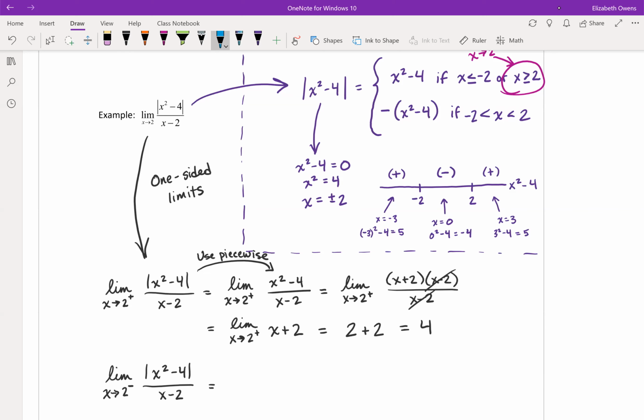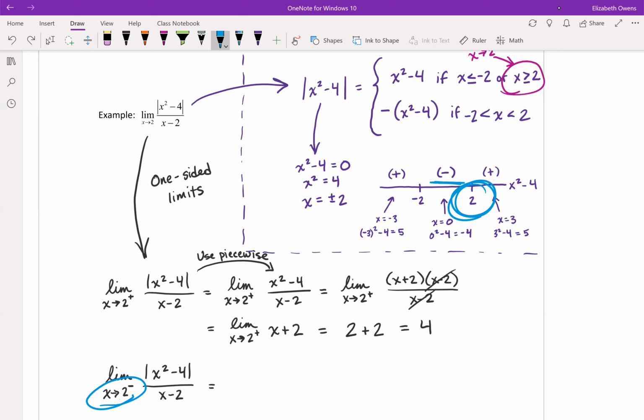So approaching 2 from the left, here's 2, here's numbers to the left of 2. Now remember, you don't need to go super far away. Even though this is technically to the left of 2, we actually want to be approaching x equals 2. So don't get too far away there.